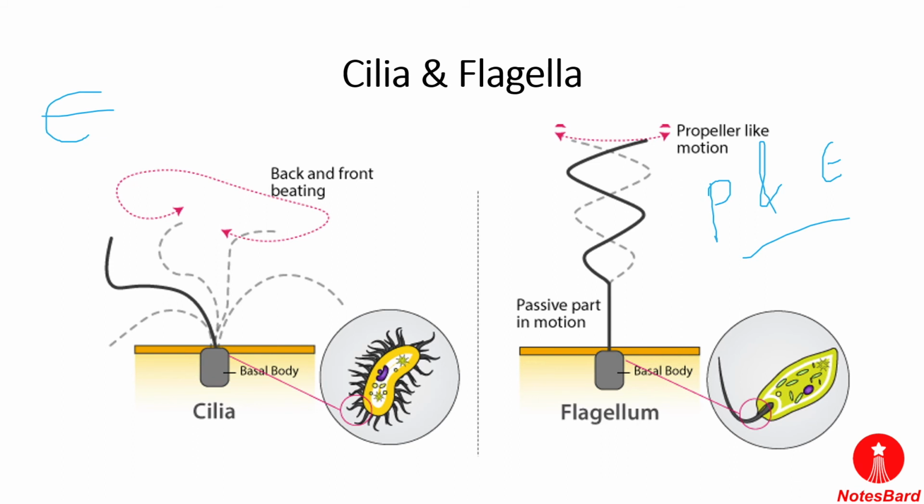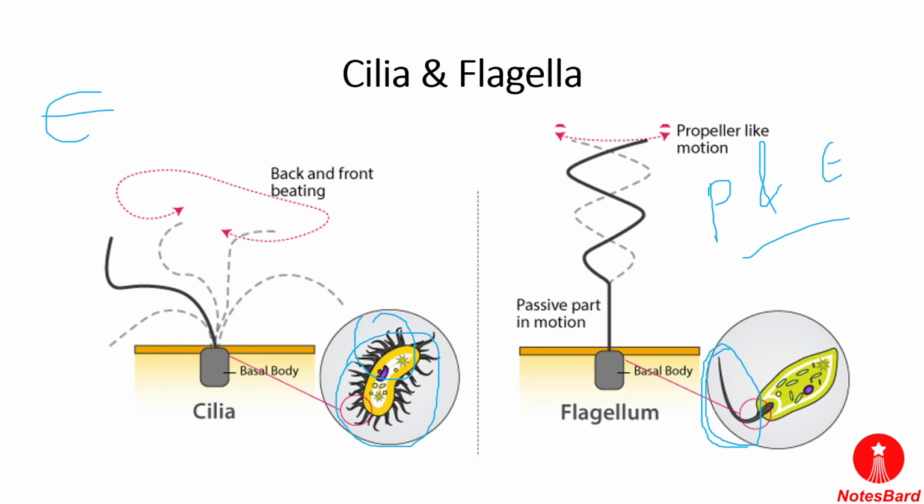Cilia are generally short and hair-like organelles, and flagella are long whip-like organelles. So as you can see in the figure as well, the flagella are long in length, whereas cilia are short and very attached to the surface of the eukaryotic cell.